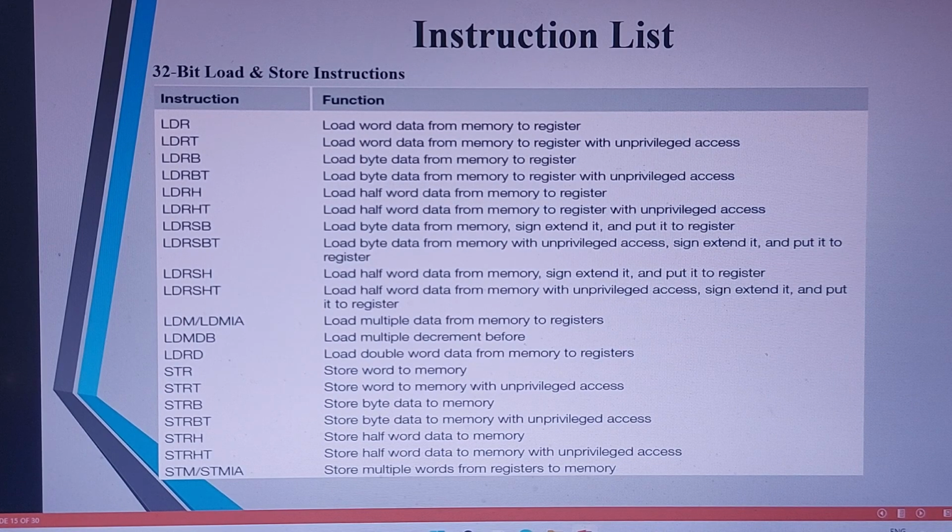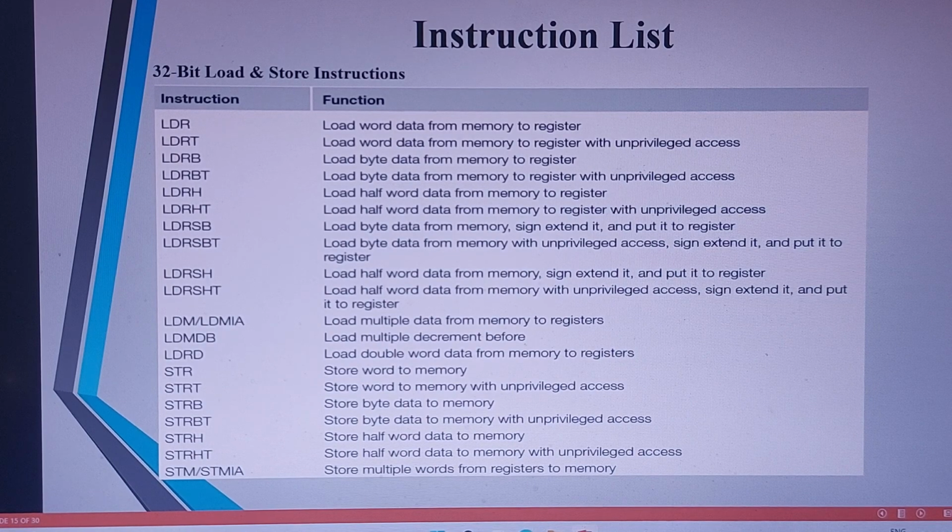Then we have LDRB, load byte data from memory to register. LDR is load word data, LDRB is load byte data. Again we have LDRBT, load byte data from memory to register with unprivileged access. In the successive sessions we will see what privileged and unprivileged accesses or modes of operation are.